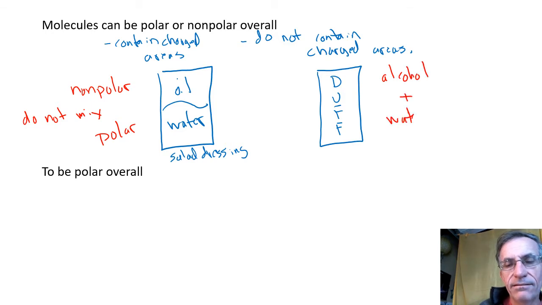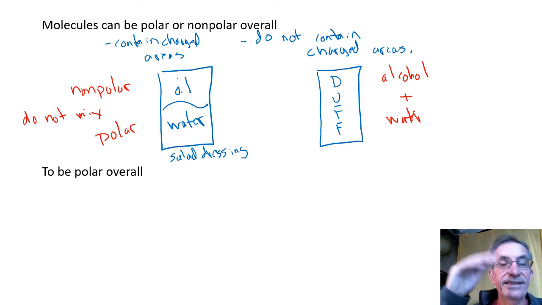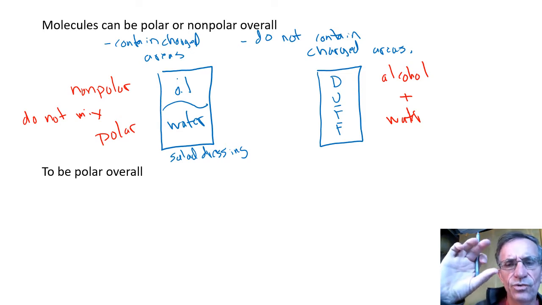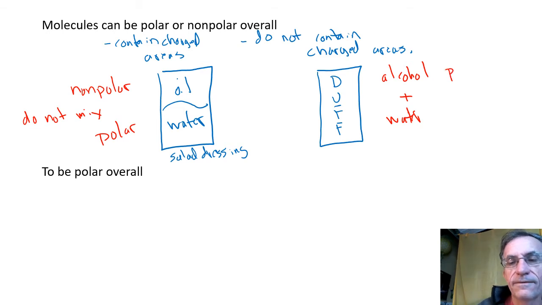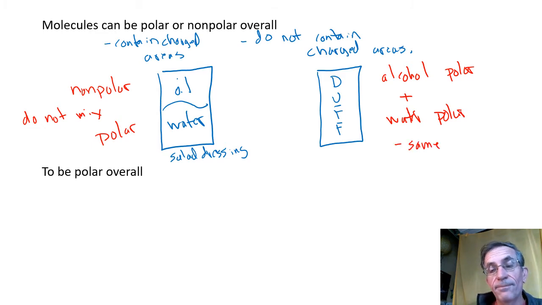Now, it turns out the reason why the alcohol and the water are mixed, and there's not two layers, is that alcohol and water are both polar. So when you have the same polarity, both polar, or it would actually work with two nonpolar things, sames will mix.